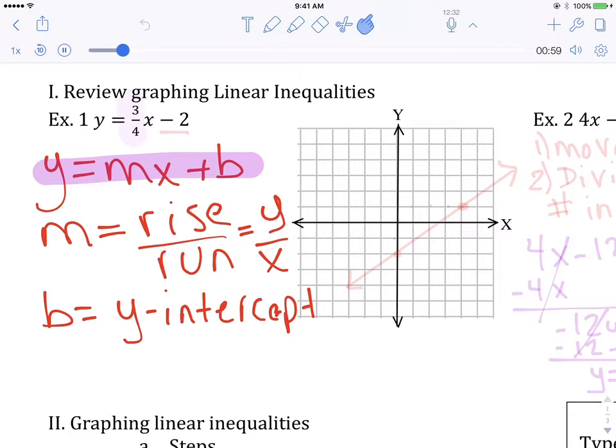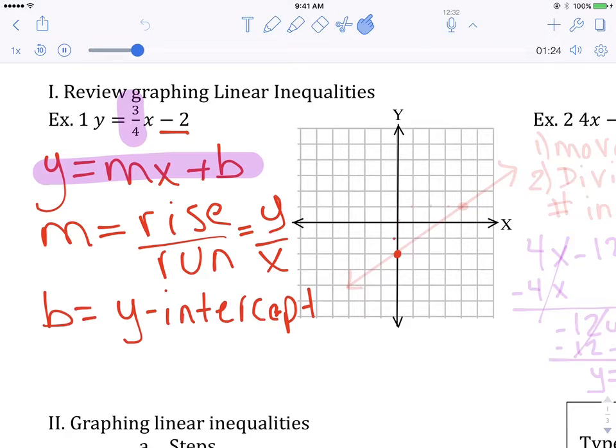Then we're going to want to plot your b, which in this equation is -2. So we're going to start at the point -2. And then we're going to use our slope of 3/4 to move +3 in the y direction and then +4 in the x direction.